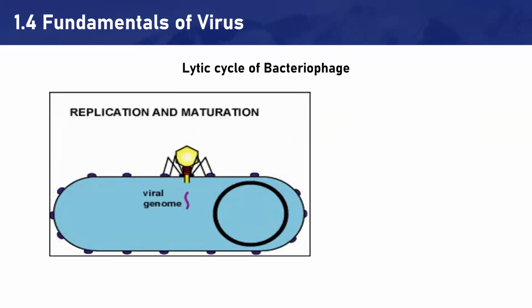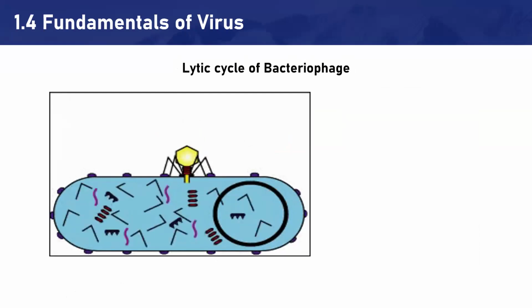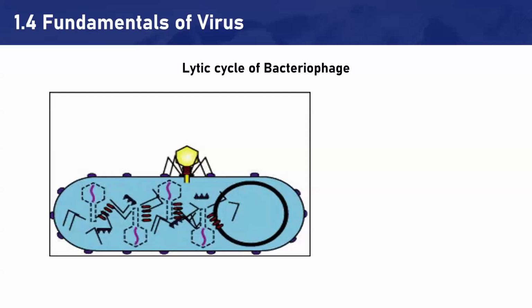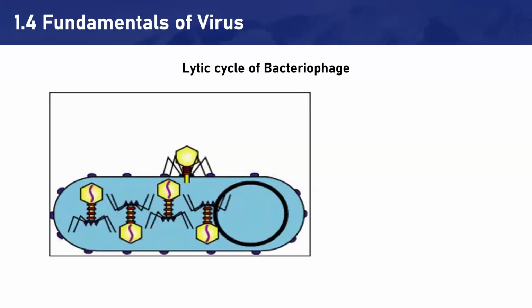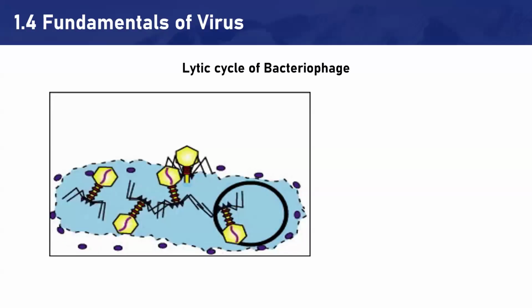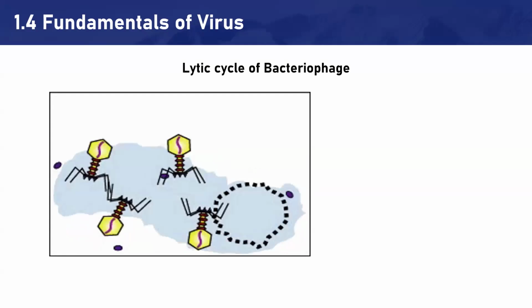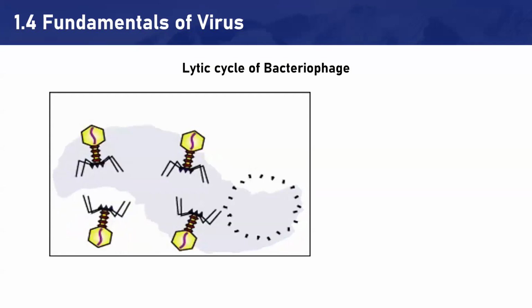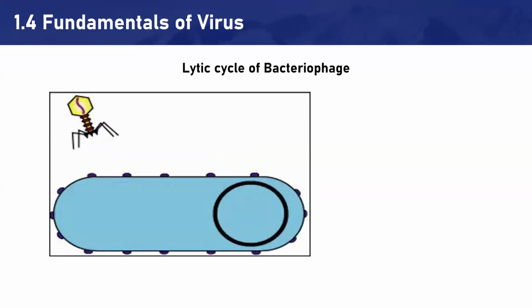However, in the case of lysogenic bacteriophage, when they infect the bacterial cell and pump the genetic material inside the cell, the genetic material merges with the bacterial genetic material, so they cannot kill the bacteria. So for the application of the bacteriophage, we focus on lytic bacteriophage.